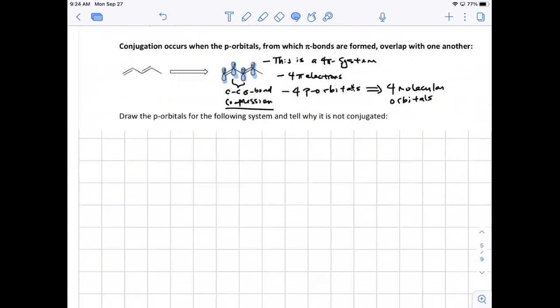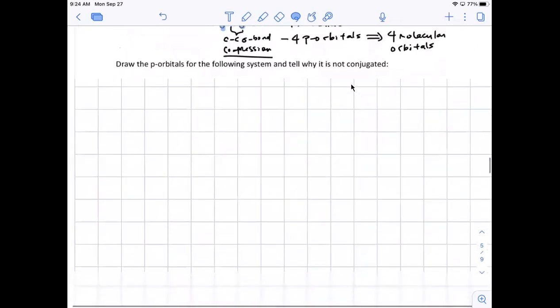Right, so the way that molecular orbital theory describes conjugated systems like this is you basically give electrons properties of a particle and a wave. So you basically use a standing wave theory to describe it. So let me show you that.